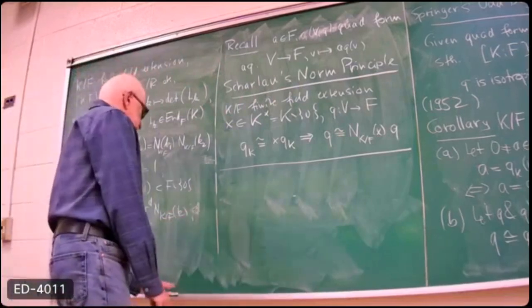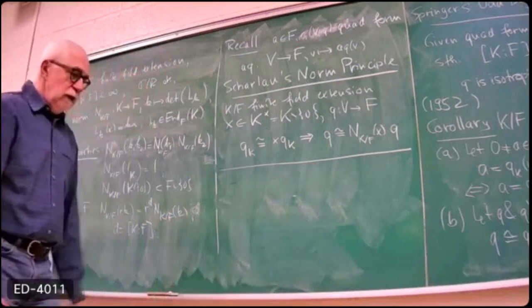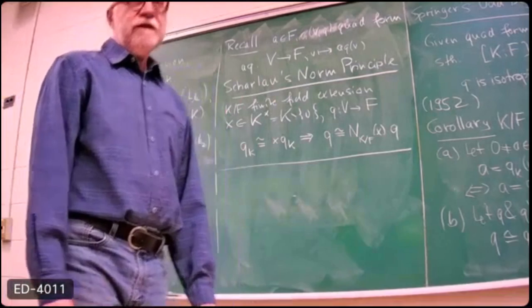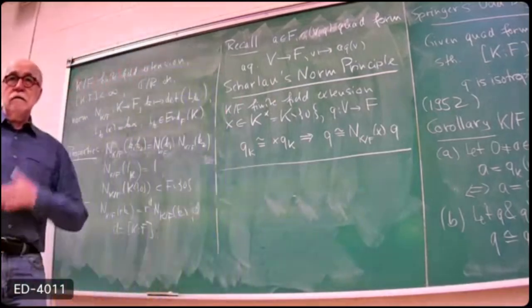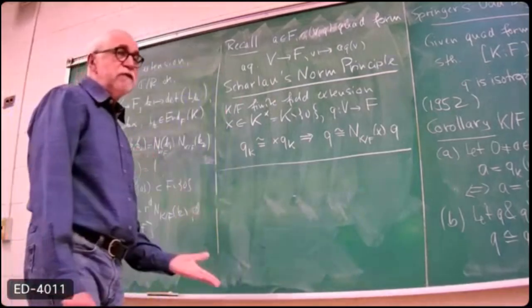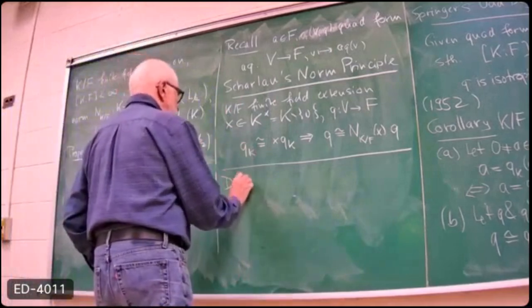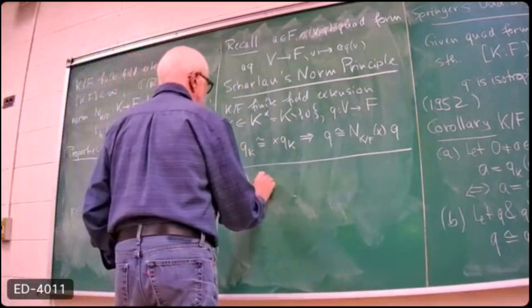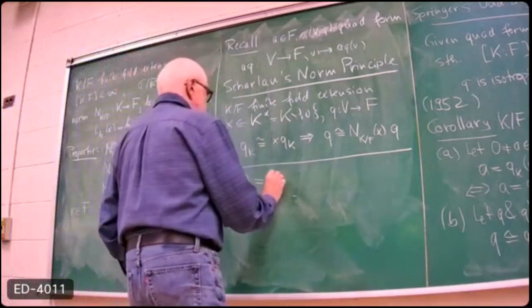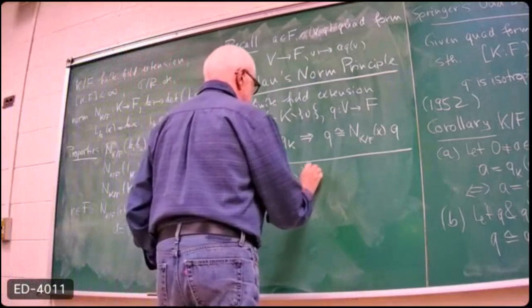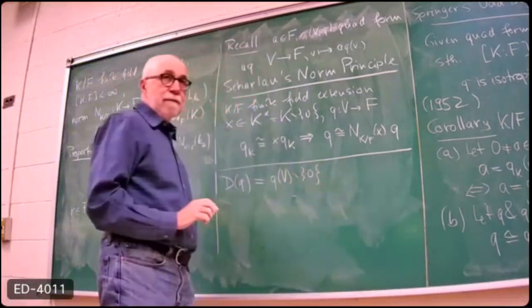So we looked at values of quadratic forms. Okay. And there is a special name for the values at non-zero vectors. This is Q of v, v minus 0.